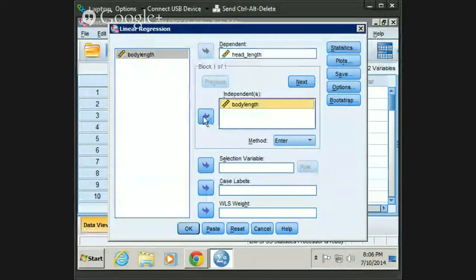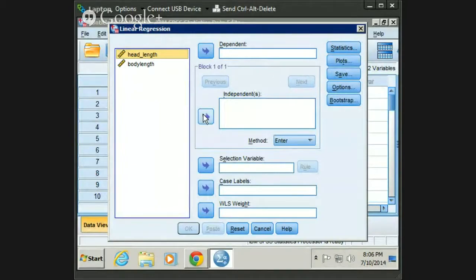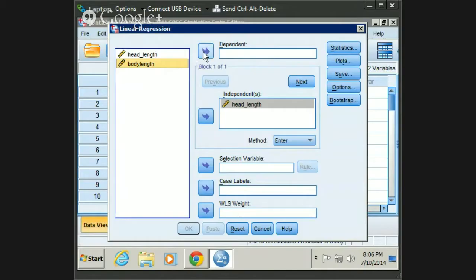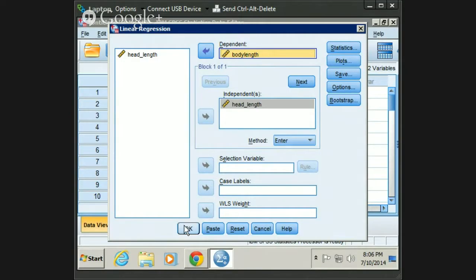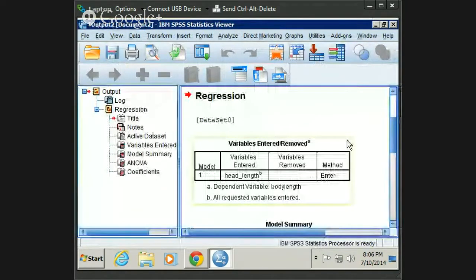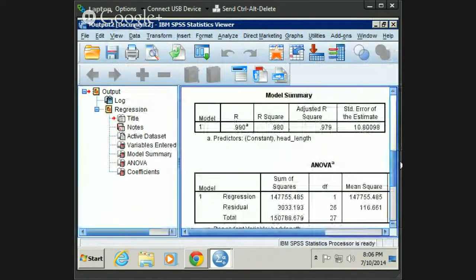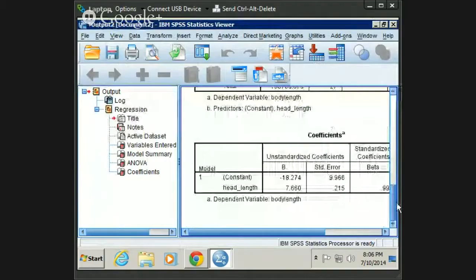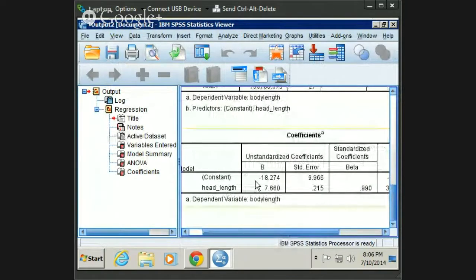Sorry. Okay, so let's see. I put head length into there. Okay, hold on. So I did that. And I got that.